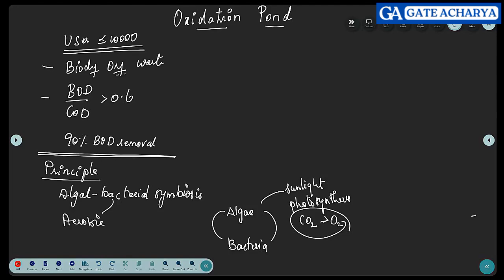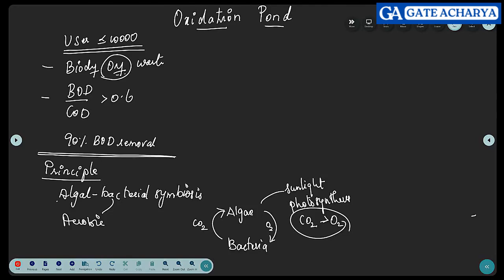Aerobic bacteria consume the oxygen produced by the algae and the biodegradable organic waste in the water, and in the aerobic process they liberate carbon dioxide. It is a closed cycle. The bacteria absorb the oxygen produced by algae during photosynthesis, consume the waste and liberate carbon dioxide, which is used by algae again. This is called algal bacterial symbiosis.